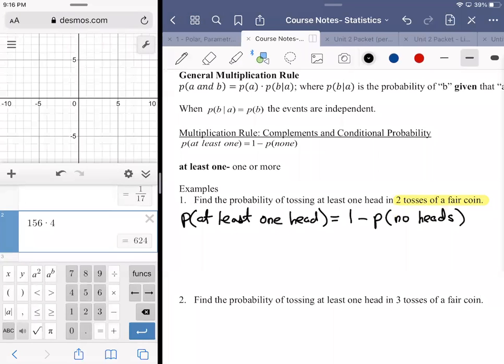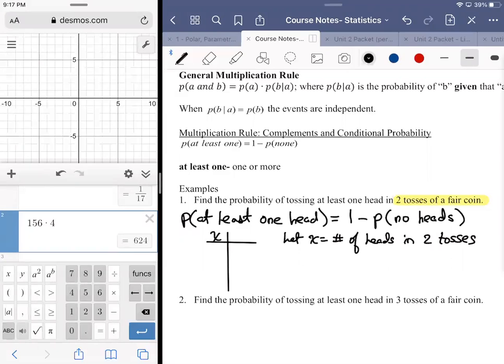All right. So I'm just going to make a little table of values here. If I look at X as being the number of times that you can get heads, think about how many times you can get heads when you flip a coin 2 times.